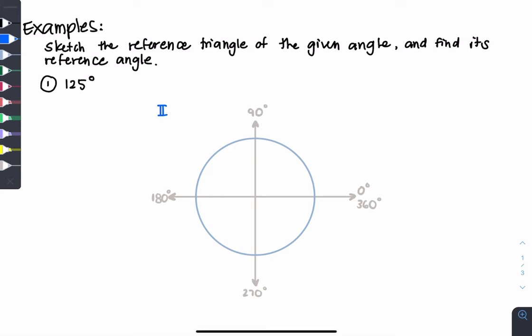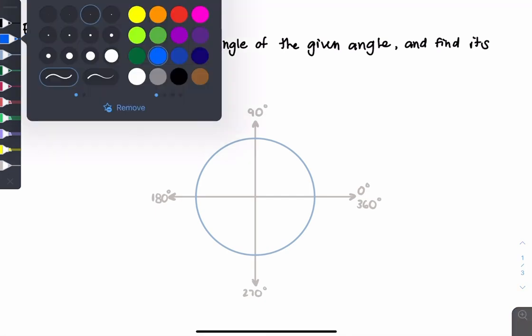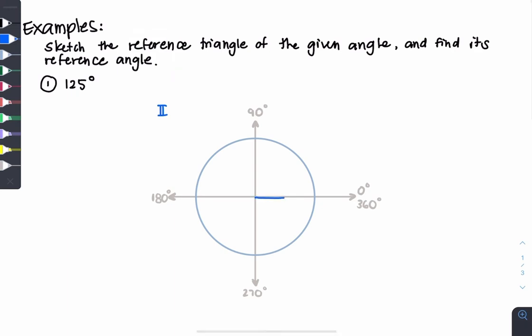Now when we sketch these terminal sides, it's okay if it's not absolutely precise, as long as we can make an estimate of where this terminal side would land. So if we were to open up 125 degrees from 0, I'm going to try to sketch this one out.